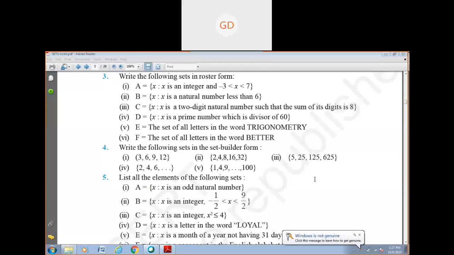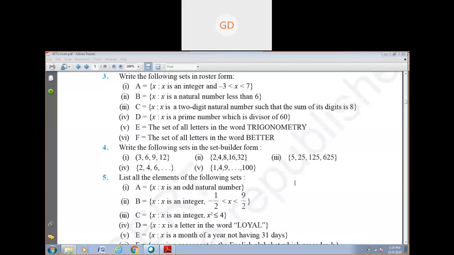Otherwise you can write x such that, after colon, x is equal to 3 into n.